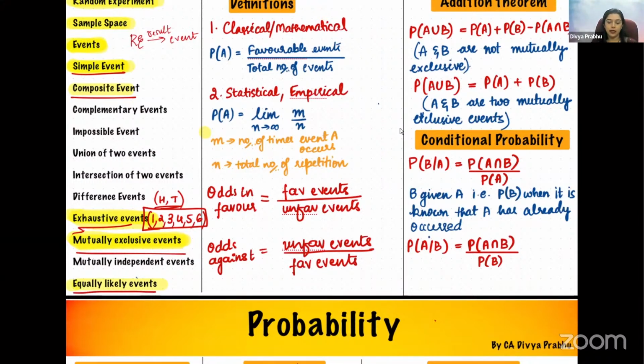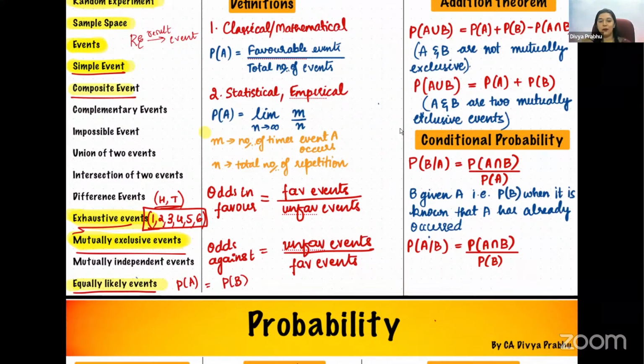Equally likely events means the name itself tells you equally likely. There are equal chances of the events occurring. If probability of A is equal to probability of B, these two events are said to be equally likely events, which means the events have the same chance of occurring.